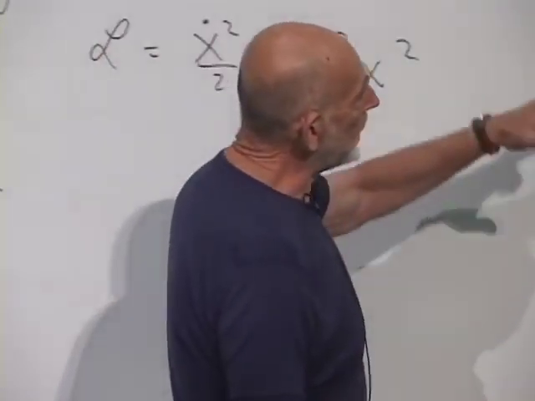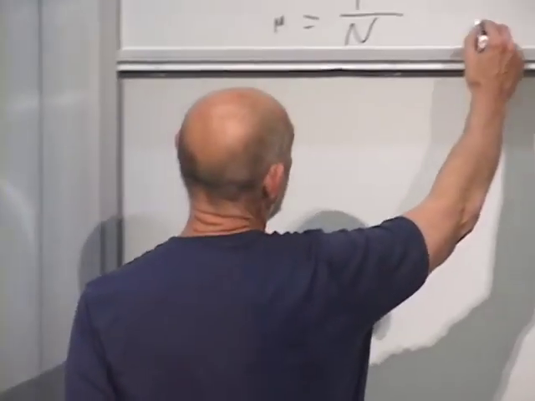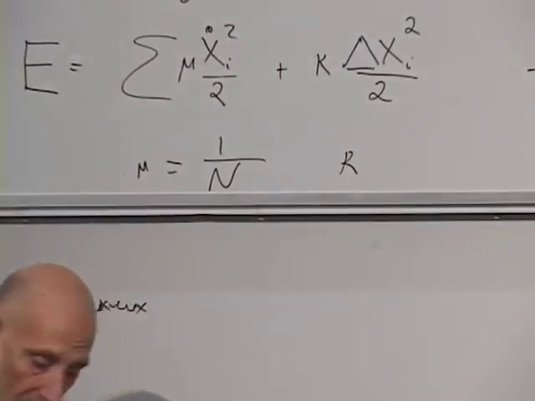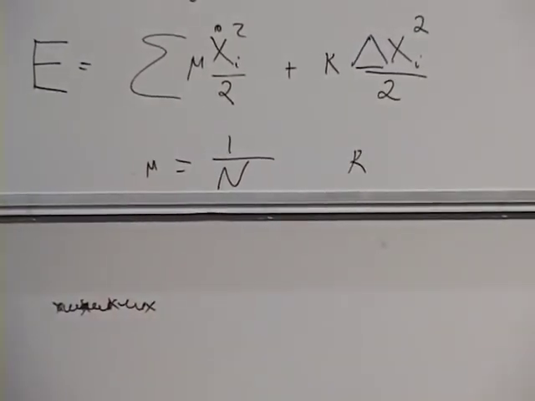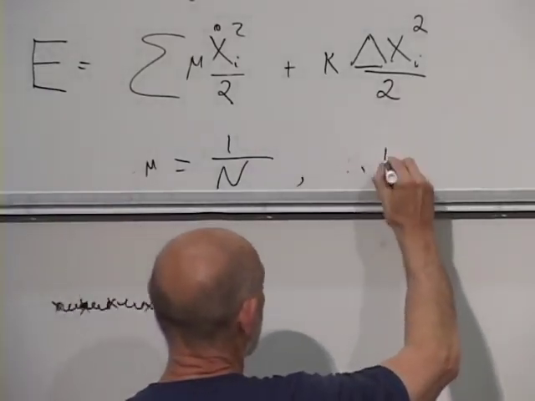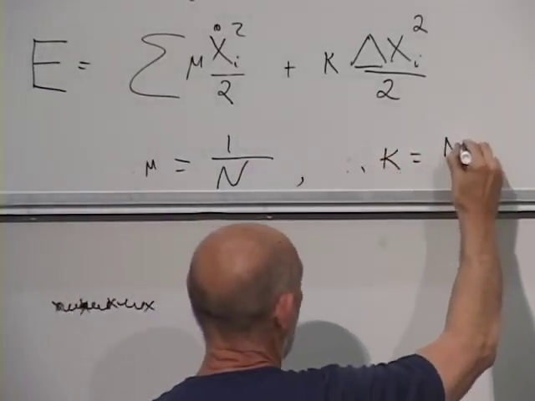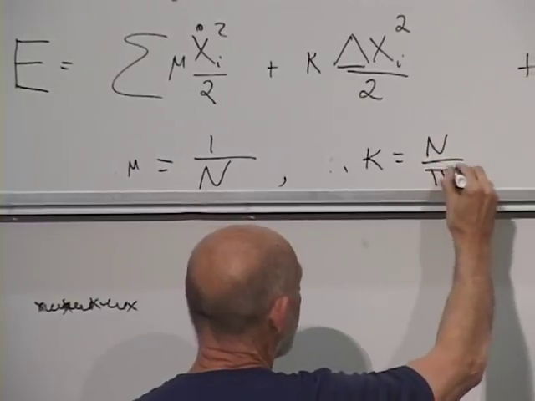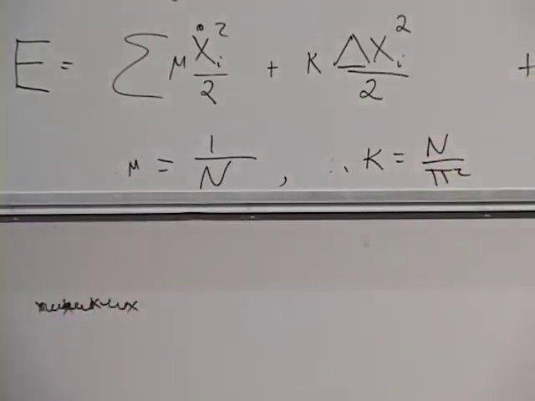So the spring constant, K, I think I will take to be n over pi squared. This is arbitrary, this is convention. The pi squared is put there only for the purpose of minimizing the number of pi's in formulas at the end. If you don't want to worry about the pi's, just ignore them.